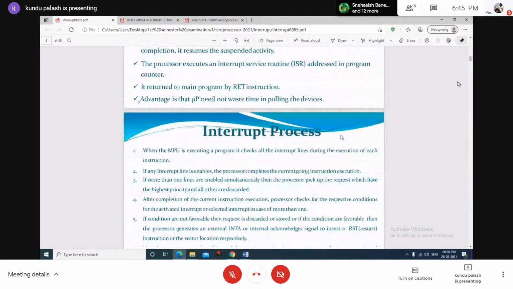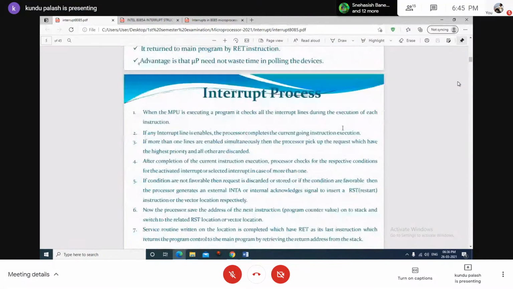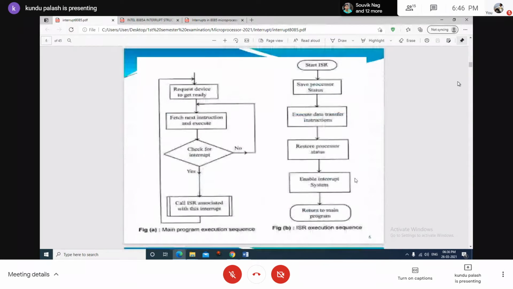Every microprocessor has an interrupt process which is described by a flow chart or flow diagram. The main program execution sequence is like this: the microprocessor will check the status of the interrupt request signal internally.